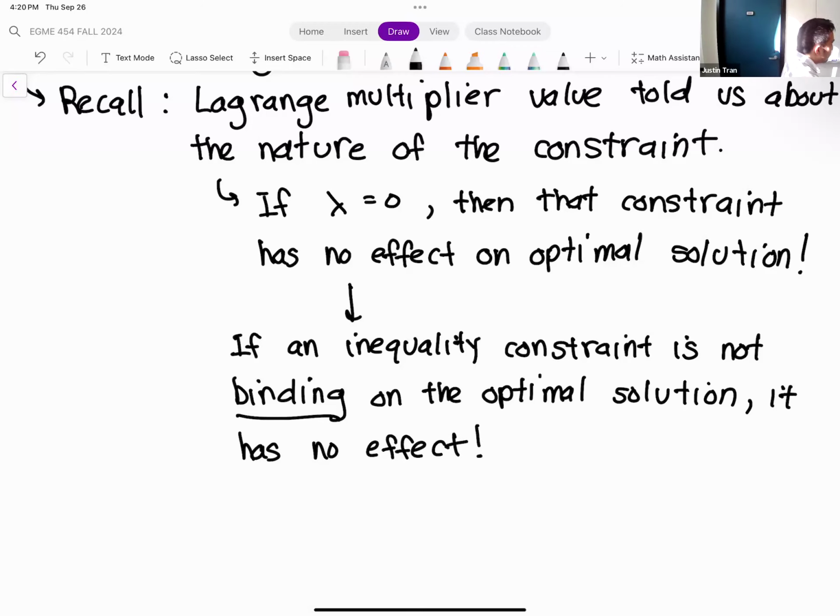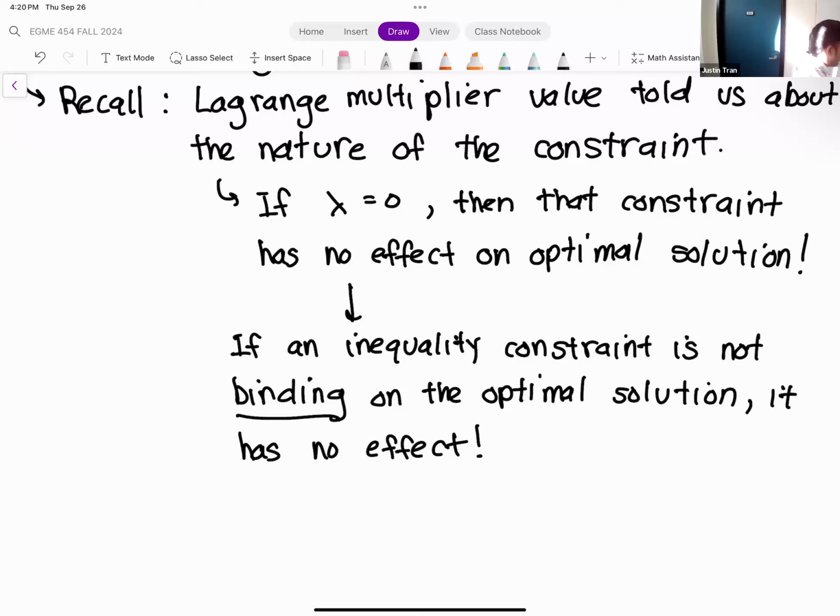Just to give you an example, let's say we solve an optimization problem and treat it as if it were an unconstrained problem, so we don't factor in any of the constraints, and we get our optimal solution. If that optimal solution automatically satisfies the inequality constraints, then there was really no reason for us to include those inequality constraints to begin with.